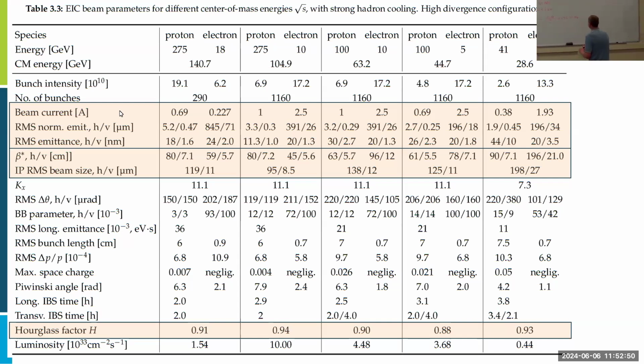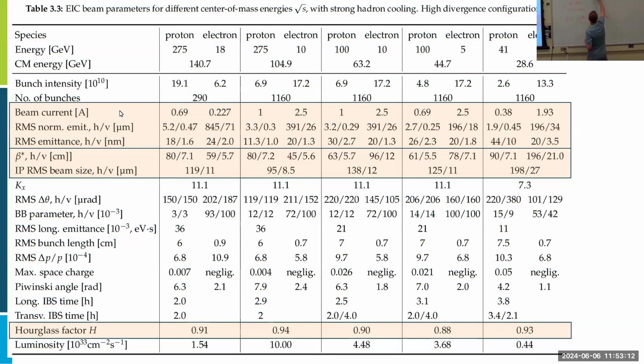Give me 1 second. Okay, so that's the frequency. So then I look for my number of particles. Where do I find number of particles? Well, here it is, 6.9 times 10 to the 10 and 17.2. So let's write it all down. And notice that these are times 10 to the 10.